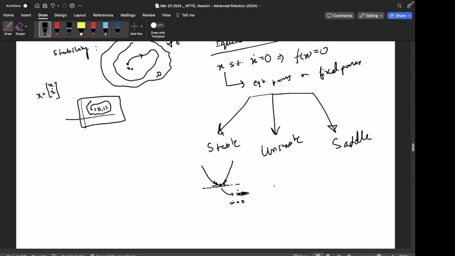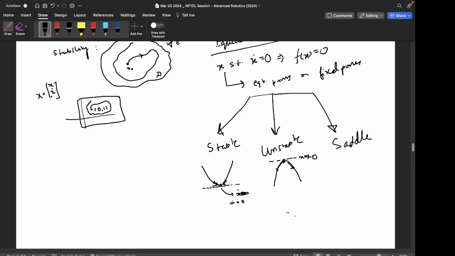The second case can be like this. Here also x dot is equal to 0, but if we perturb it slightly, then the system will not come back to the equilibrium position, right? It will go to another state.